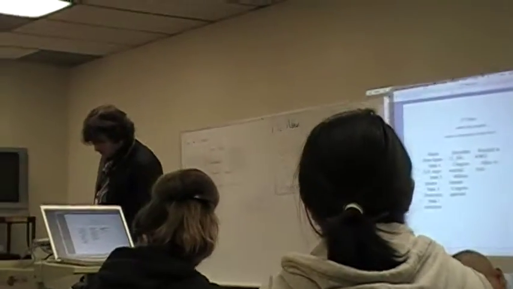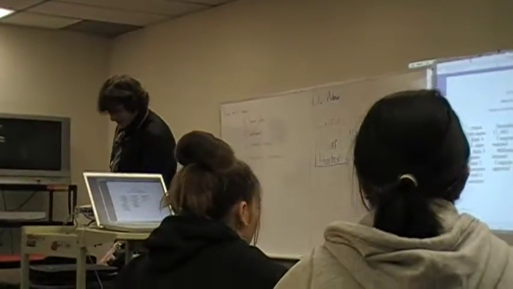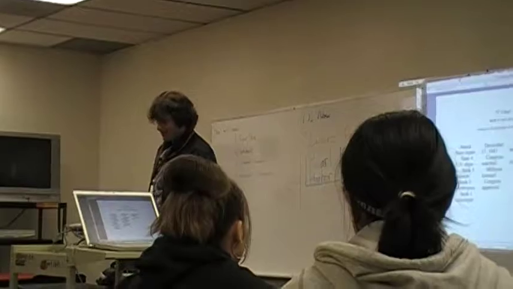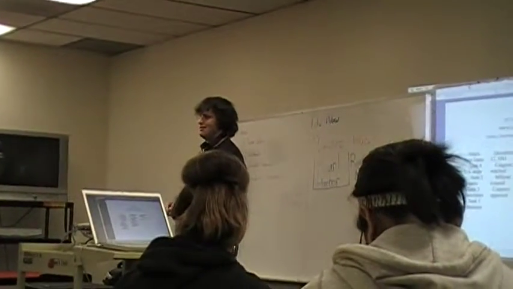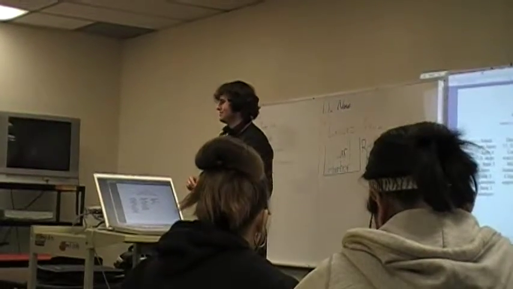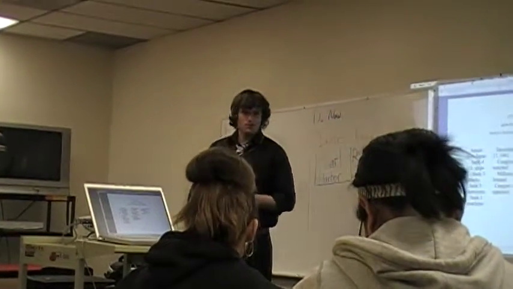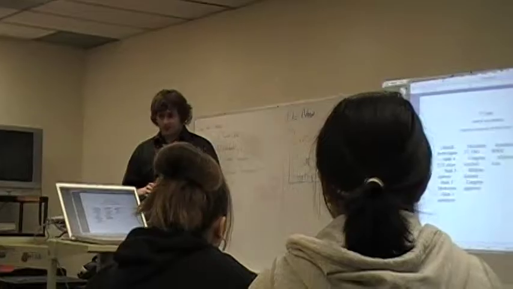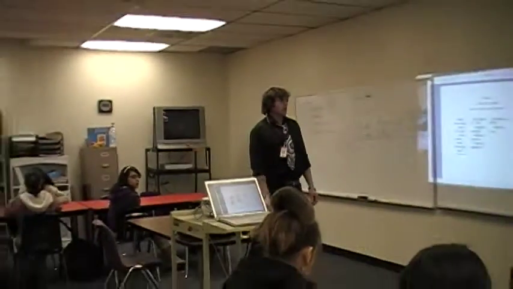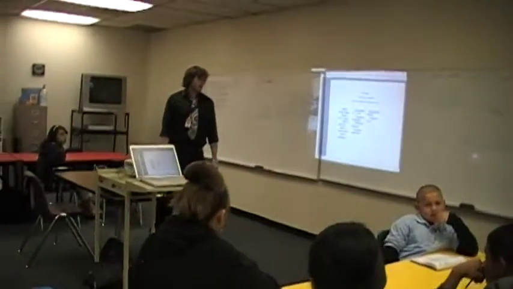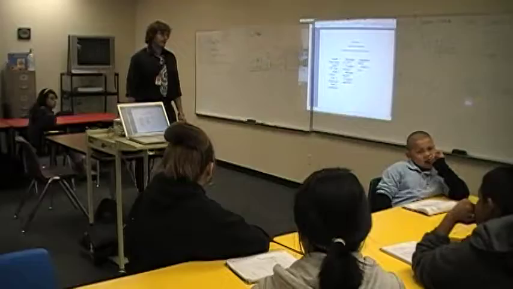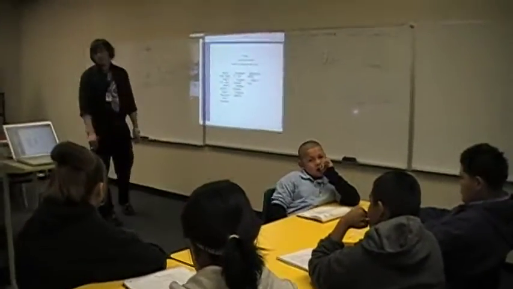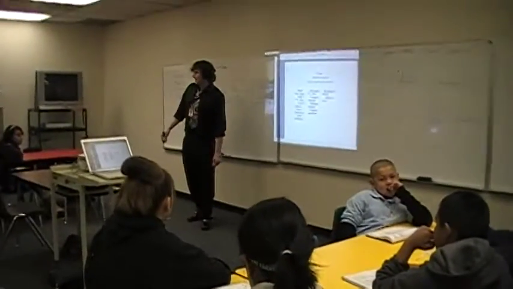The question I would like to add to this is, was the attack on Pearl Harbor the cause for America to enter into World War II? You guys think yes or no? Very good. Why did Roosevelt request war on Japan? What happened to us?